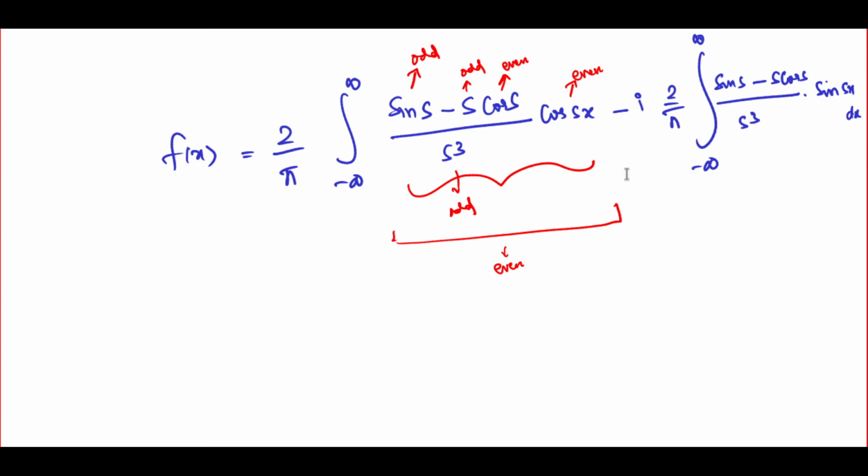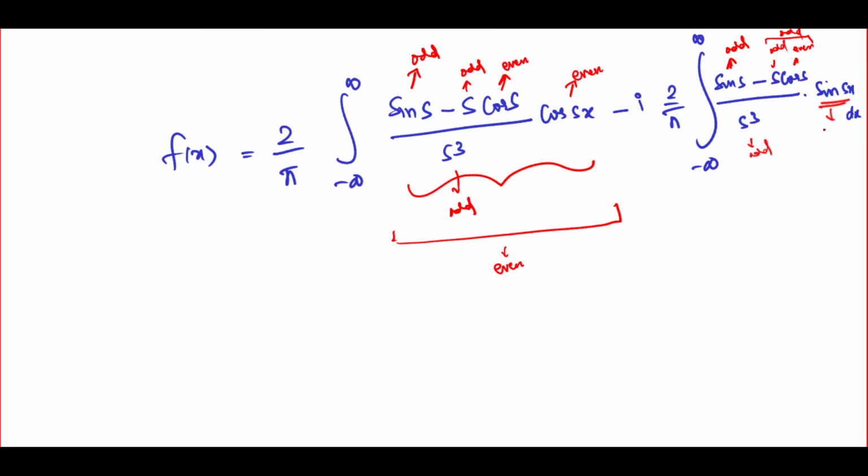Now can you check what about the other side? You see that this is an odd function and this is an odd and this is an even. So therefore this together is an odd function. Odd minus odd is an odd, and this is an odd function, and therefore this will become an even function.